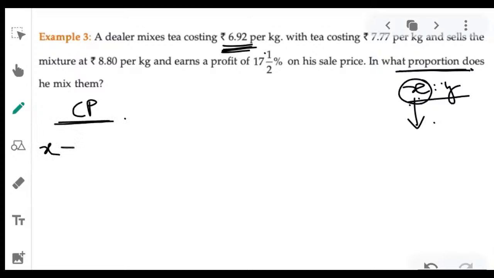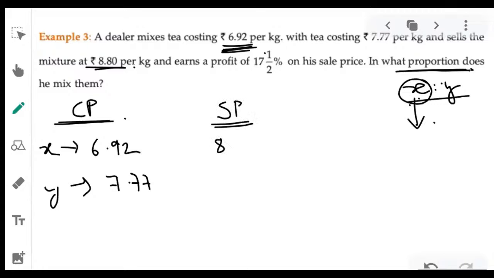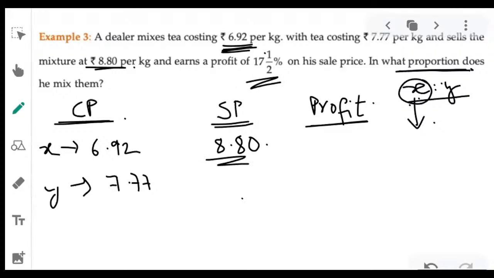So for first tea, it is 6.92 per kg. And for second tea, it is 7.77 per kg. Right? But you're selling the whole mixture at 8.80. Selling price is equal to 8.80 per kg. Right? And my profit is 17.5 on the sale price.